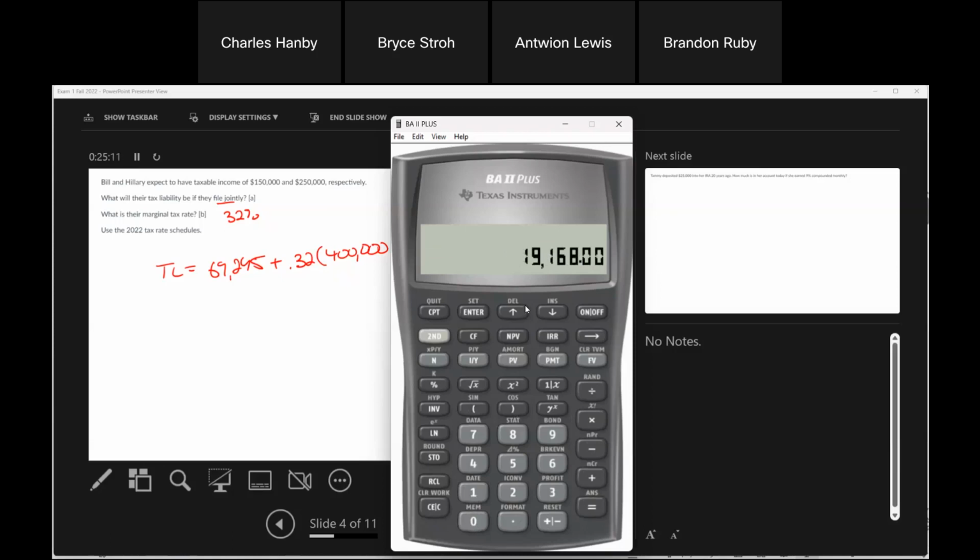So it's going to be $19,168 plus the $69,295. So $88,463.